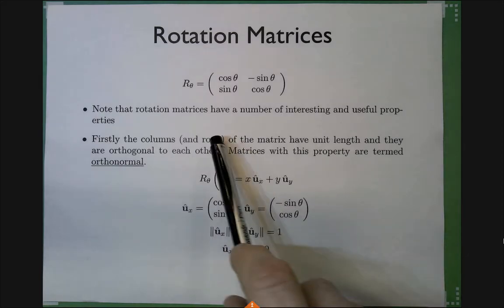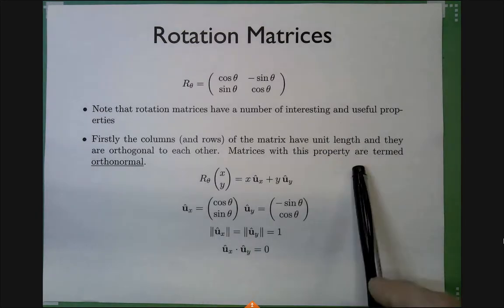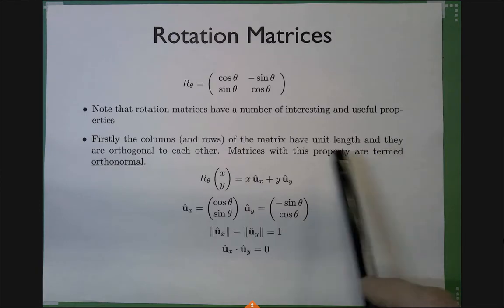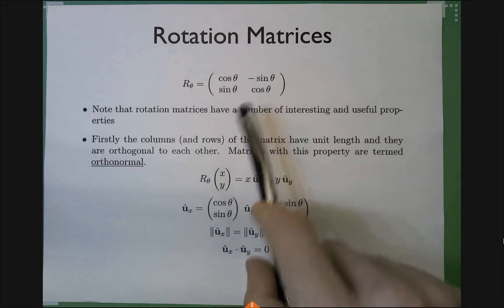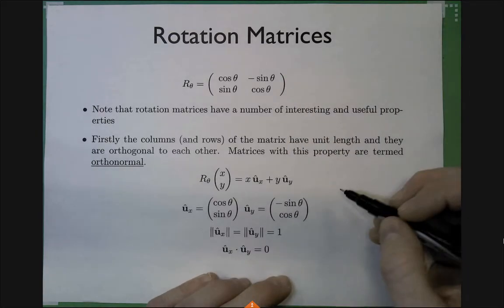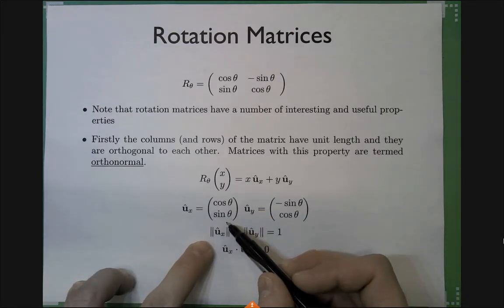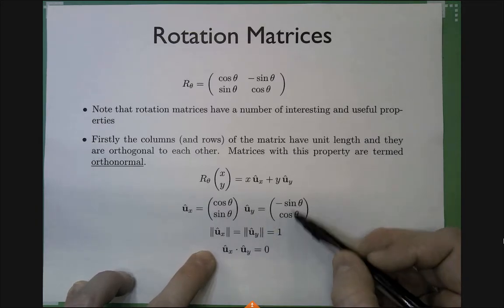So let's see some of the most obvious properties. One of them we actually already noticed. So the first thing you can notice is that the columns are orthogonal. Everybody sees that? Because the columns I can view as individual vectors. So if my ux is cosine theta, sine theta, uy is minus sine theta, cosine theta, so that's the first column, second column.